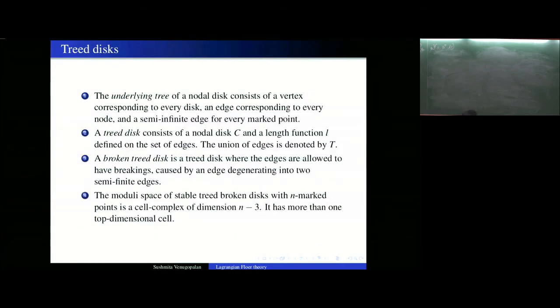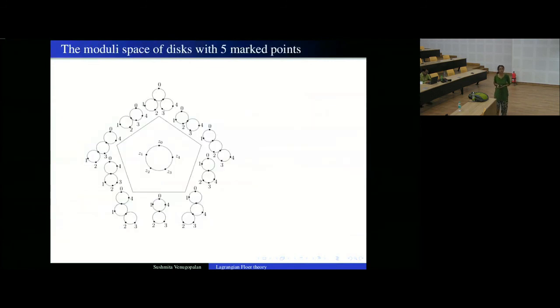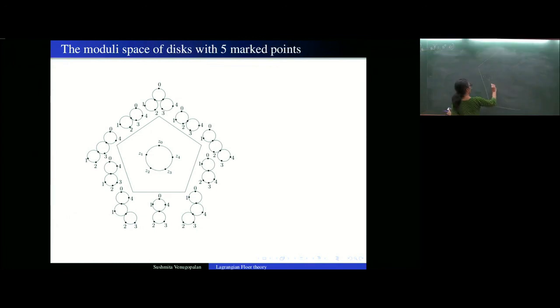And it has more than one top dimensional cell. To illustrate this fact, let me go back to this picture. So what happens here is the following. So this is 0, 4, 1, 2, 3.